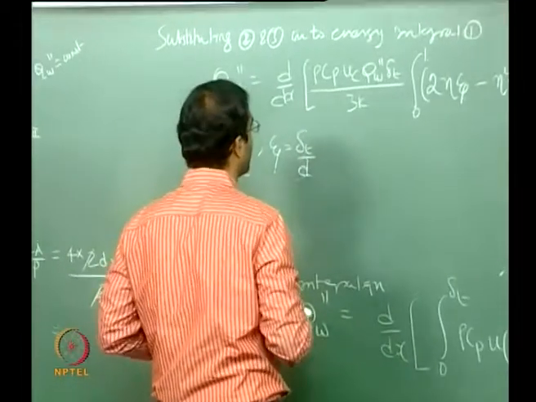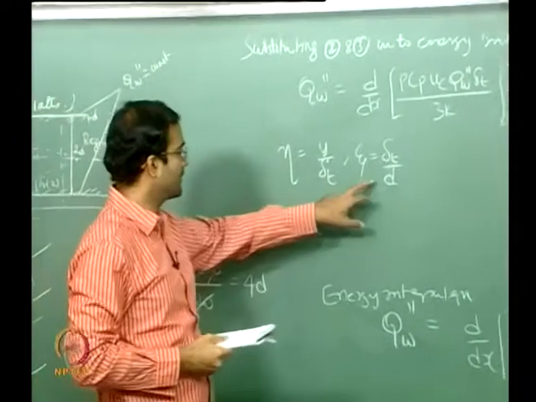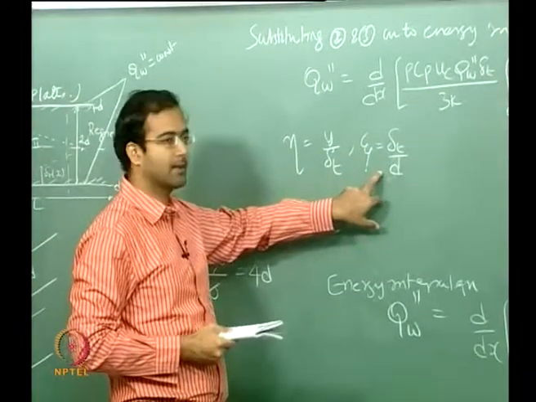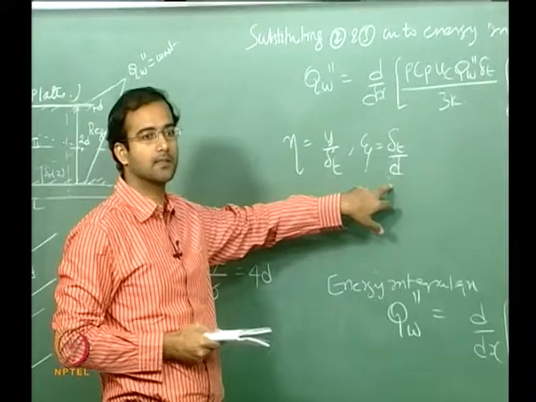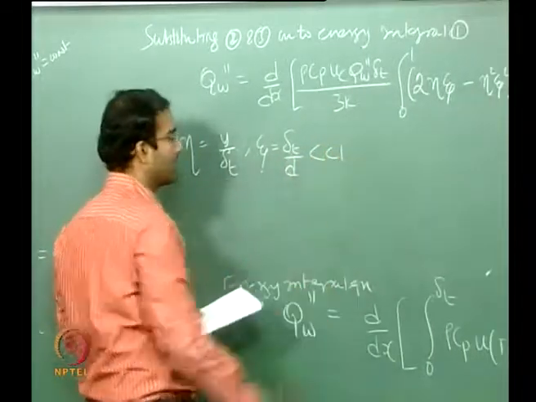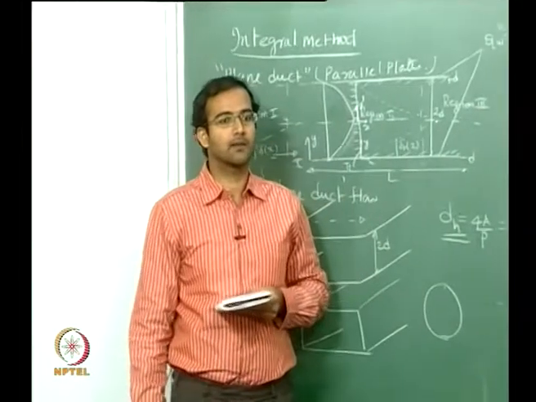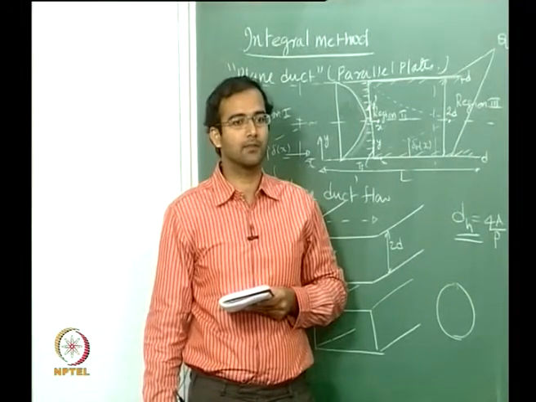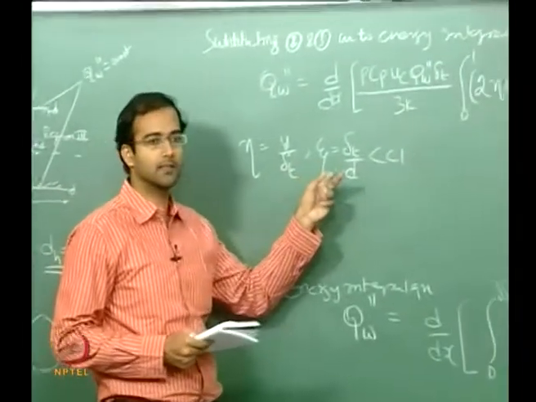What you can see is that for the boundary layer approximation to be valid, your delta T upon delta, that is your zeta, should be small. Just like in your earlier case where your Prandtl number greater than 1, your delta T by delta was small. For the thermal boundary layer approximation to be valid, your zeta should be small.